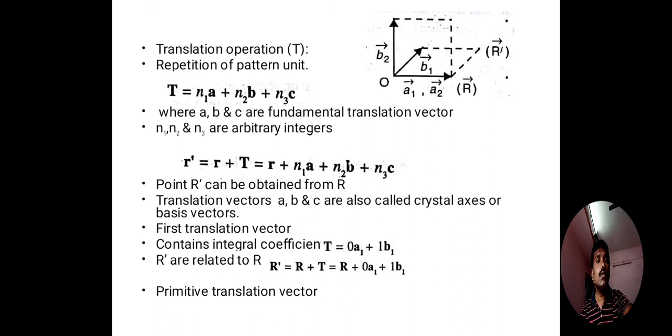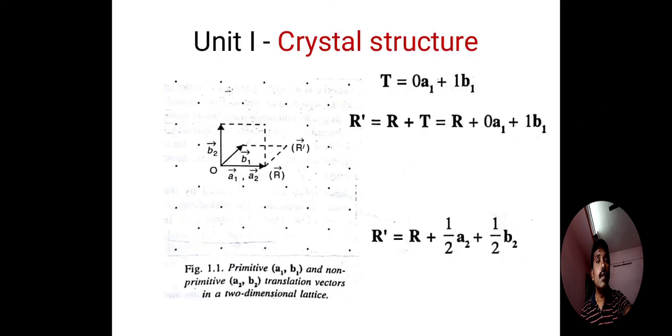But to understand the next part, here are the two translations in this diagram. If you look at this other case, where the two translations are A2 and B2, these translations are simply half A2 plus half B2, that is non-integral numbers.